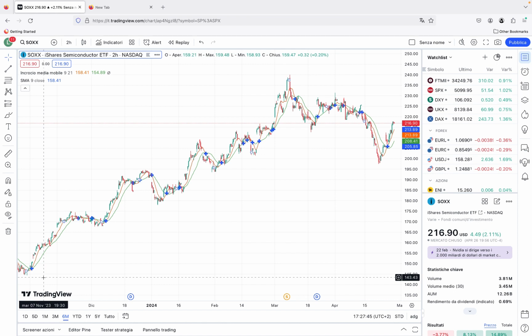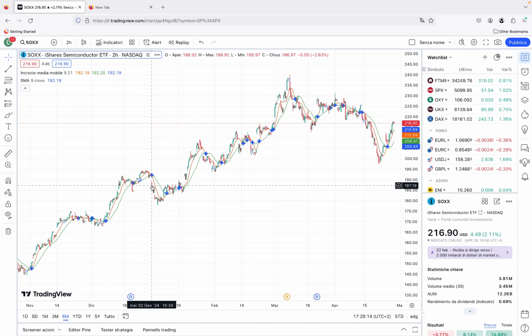So if you read a chart, this is a 6 months period, and every candlestick represents 1 day. An uptrend is characterized by higher highs and higher lows, indicating a bullish sentiment and buying pressure.